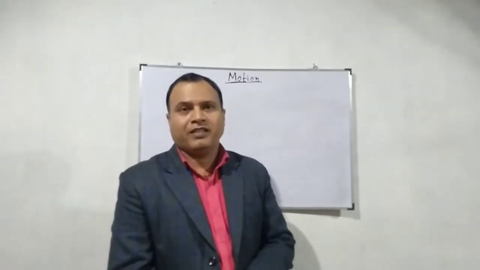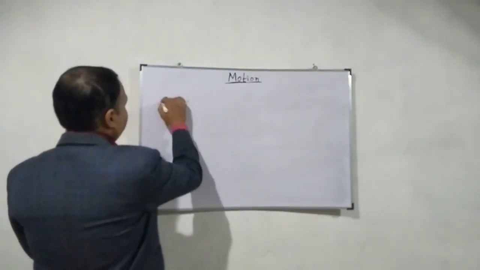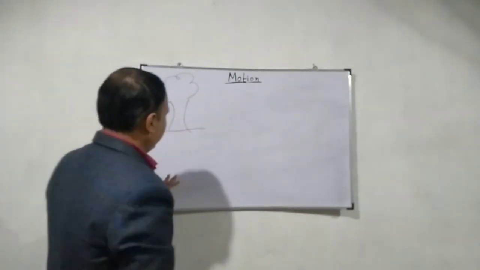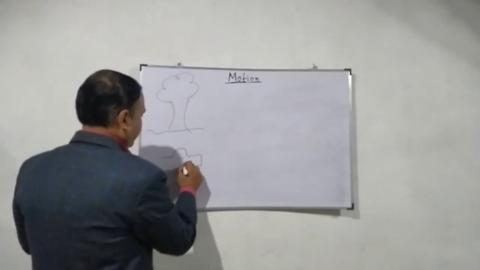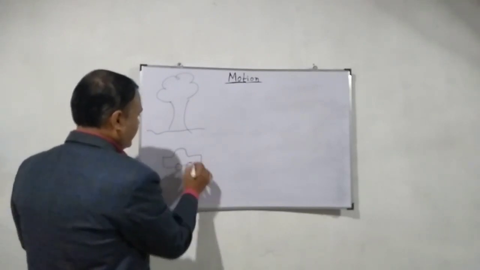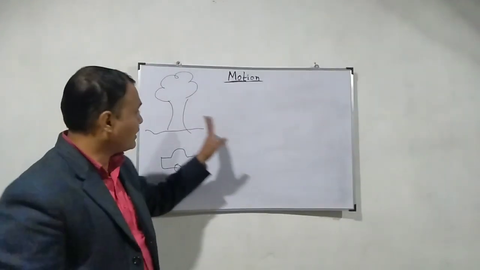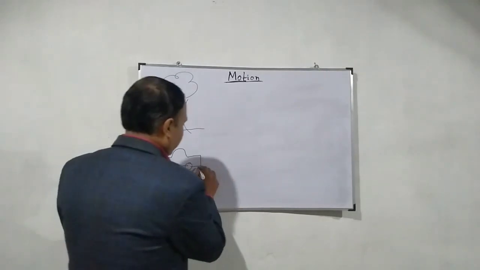as a reference. Suppose this is a stationary object, that is a tree, and this is a car. This car continuously changes its position with respect to this stationary tree, so that car is said to be in motion.